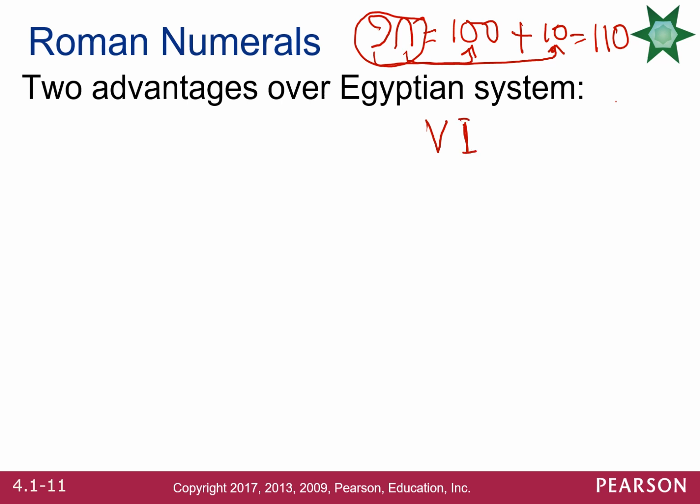To calculate the value of this numeral, we first look at the individual values of these numerals. V has a value of 5 and I has a value of 1. Then we compare these two values.